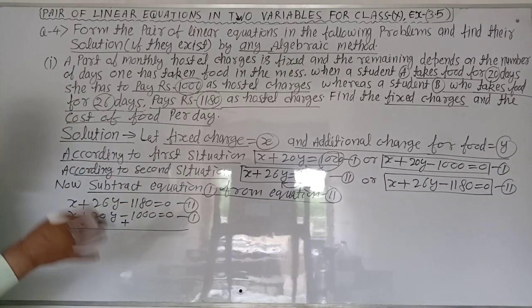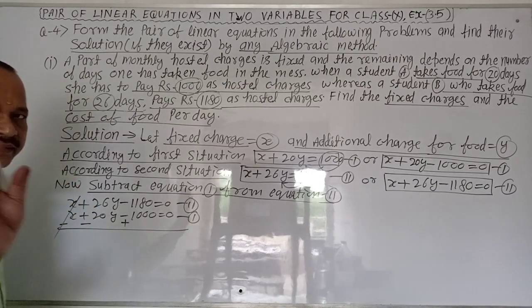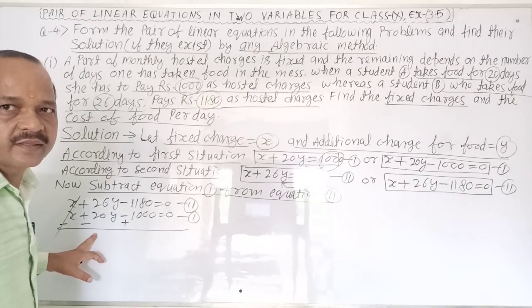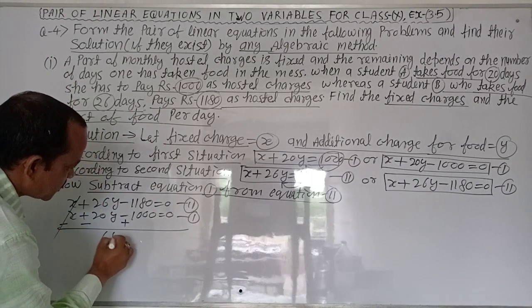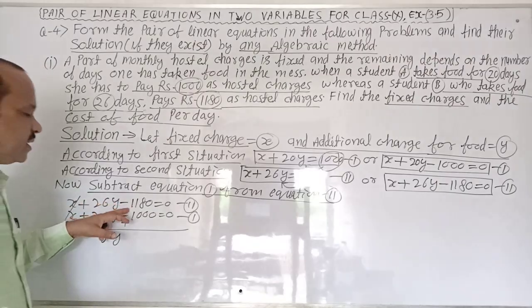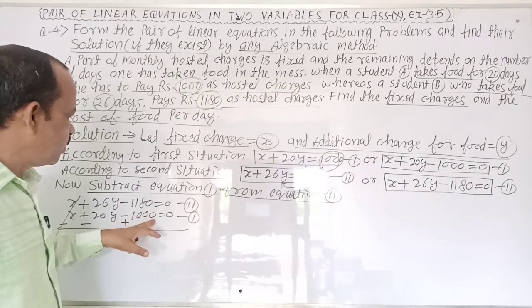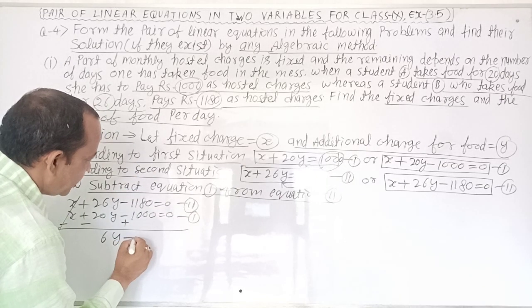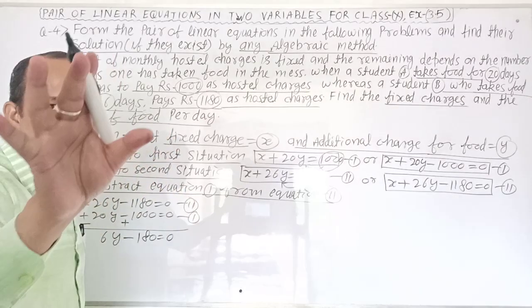Now you can cut it. Here plus x and minus x, you can cut it. Here plus 26y, here minus 20y, you can subtract it. It becomes 6y. Here minus 1180 and here plus 1000, so you subtract it. It becomes minus 180 equal to 0.